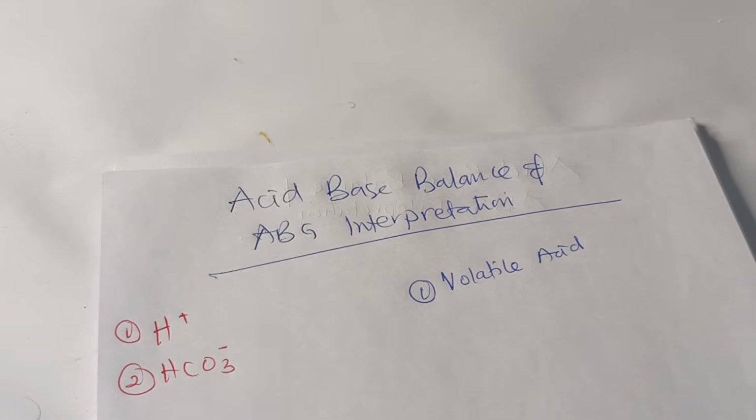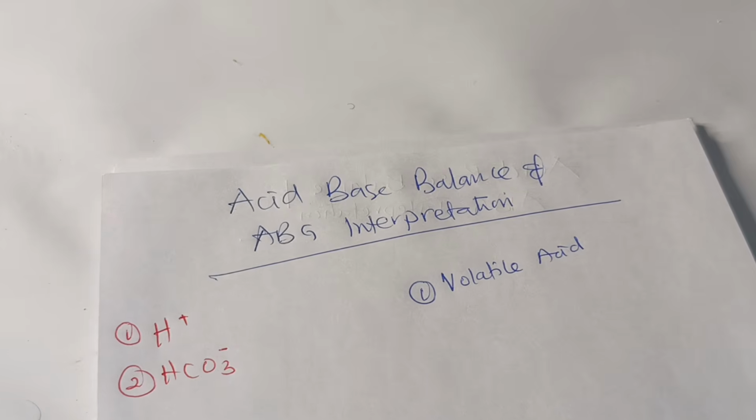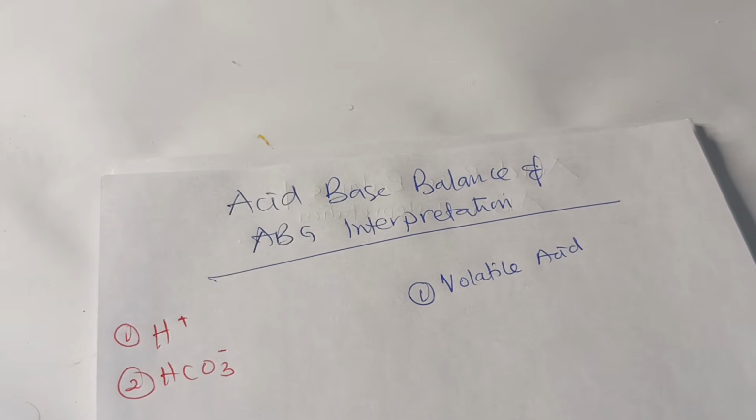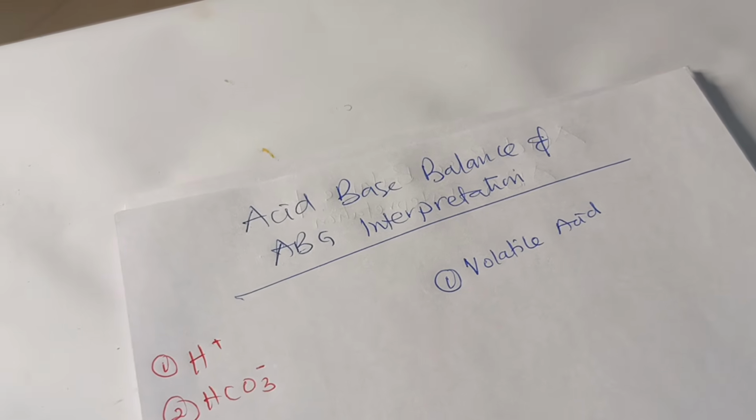That balance can happen in fluid, maintaining fluid balance in the body between intracellular and extracellular compartments, and maintaining electrolyte balance. And another area that the body is always concerned about ensuring homeostasis is the acid-base area.